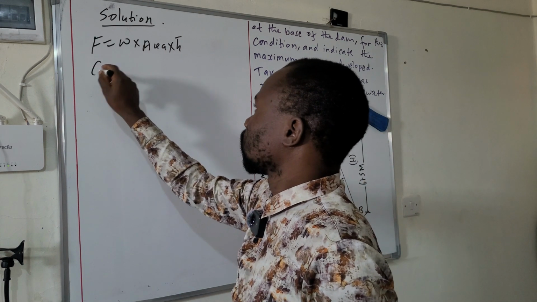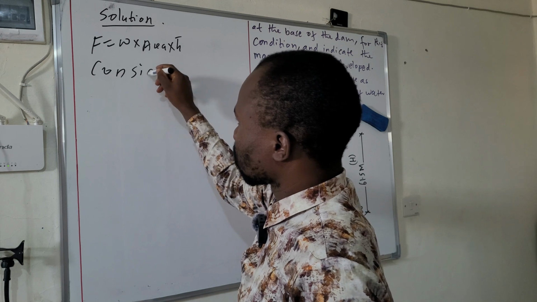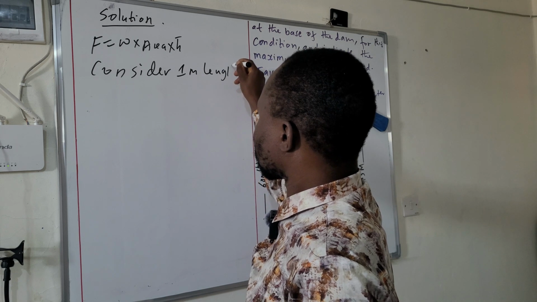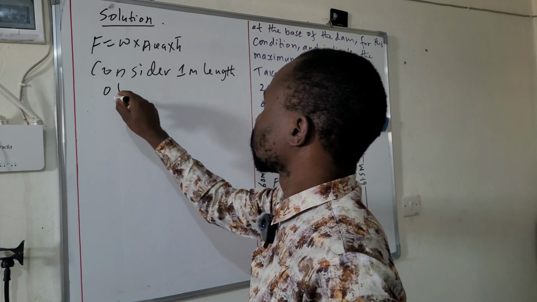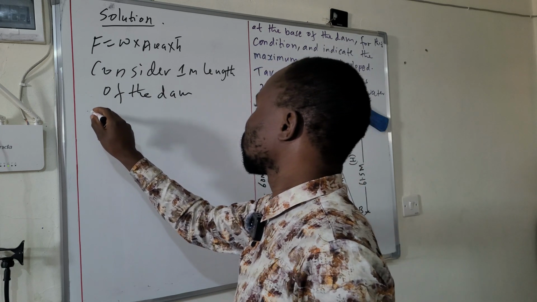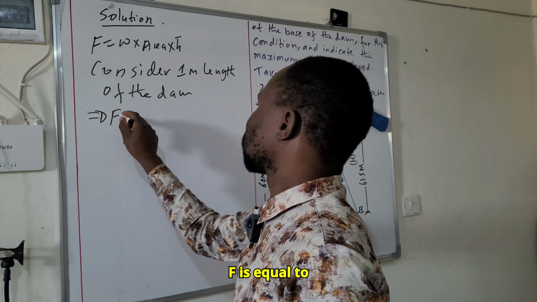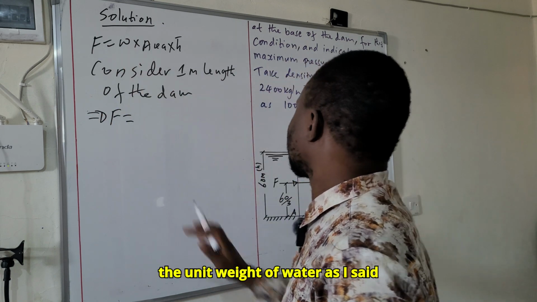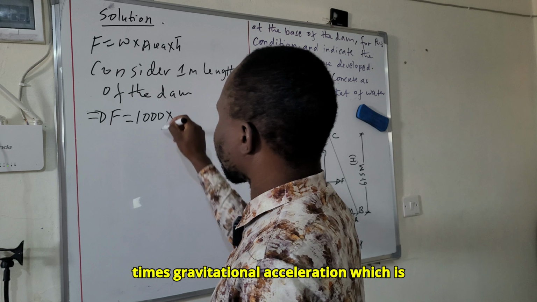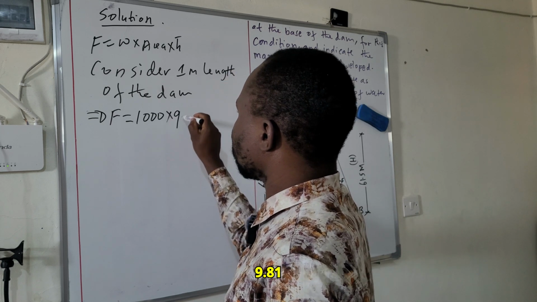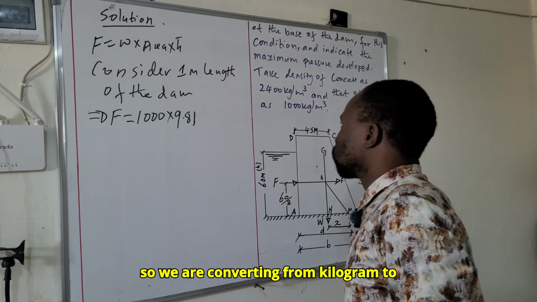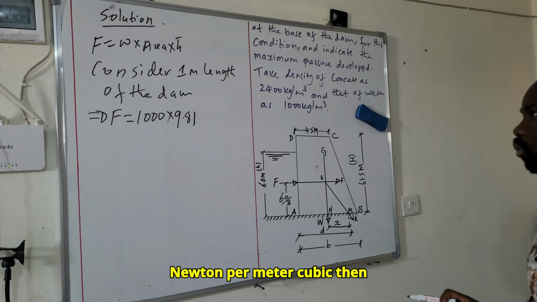Consider 1 meter length of the dam, which implies F is equal to the unit weight of water. As I said earlier, we take 1,000 times gravitational acceleration, which is 9.81. So we are converting from kilogram to Newton per meter cubed.